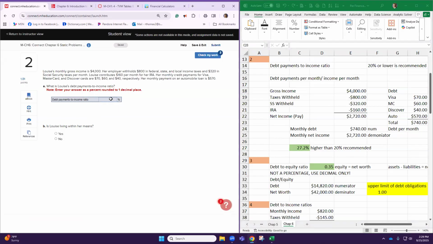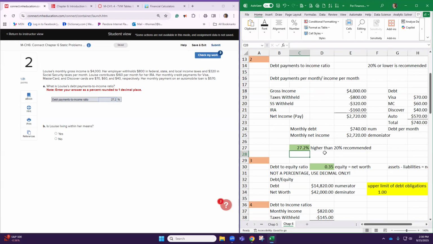Let's put that number in. They want a percentage, to 1 decimal place. The book talks about a recommended high of 20% for debt to income. So what this is telling us is that for every dollar of income she has, there are 27.2 cents worth of debt.